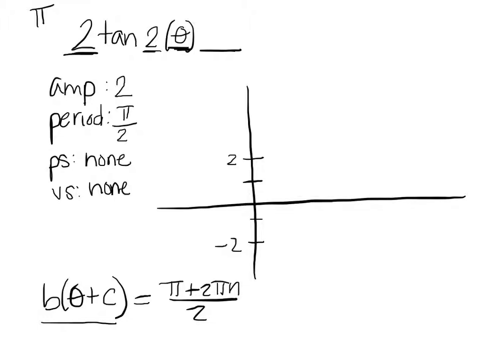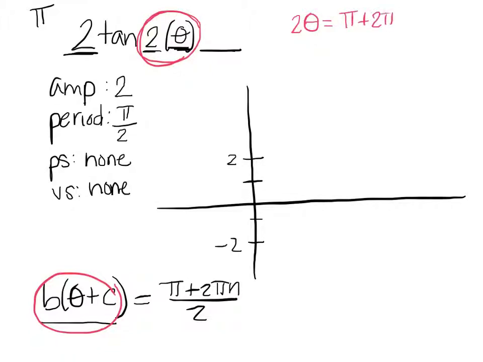So what that means is this part right here is found right here. So I'm going to take 2 theta and set it equal to pi plus 2 pi n, all over 2. And now what we have to do is solve for theta. I'm trying to solve for theta, so I've got to get rid of the 2.